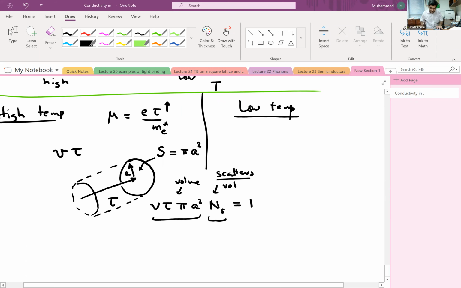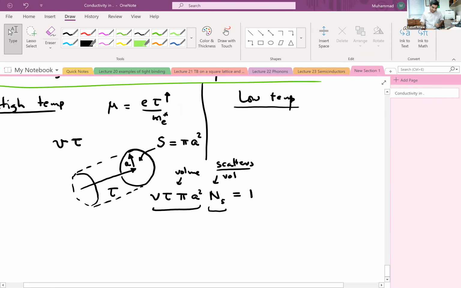All right. So if I look at this expression, tau is going to be given by 1 over v pi a square ns.